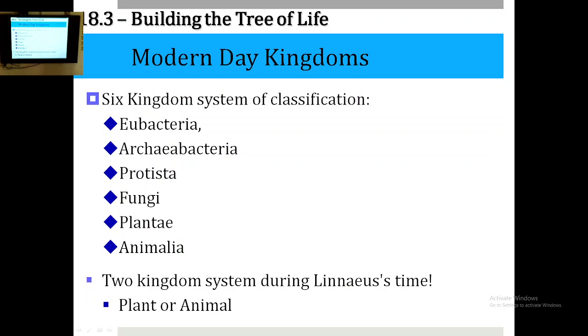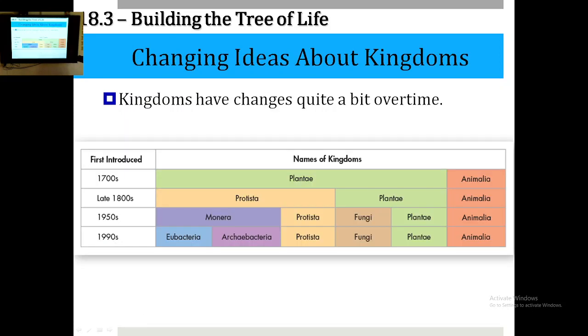Let's check the modern kingdoms again. The 6-kingdom system of classification: Eubacteria, Archaebacteria, Protista, fungi, Plantae, and Animalia. The kingdom system during Linnaeus's time was just plant or animal, but right now we have 6 kingdoms. Let's check the evolution of the naming system.